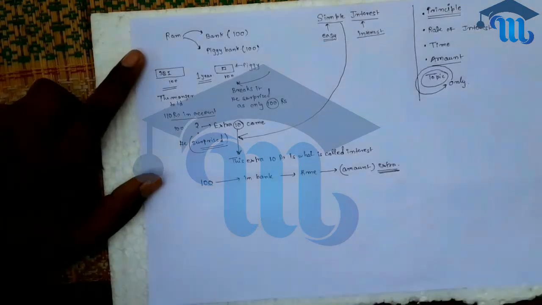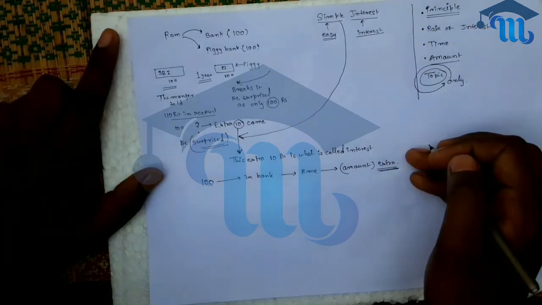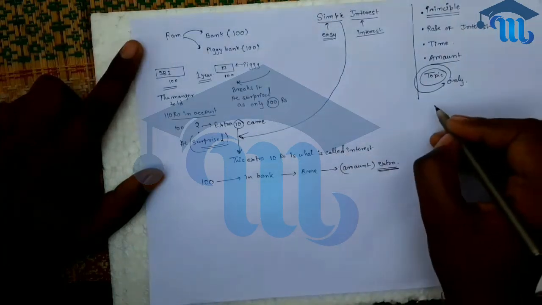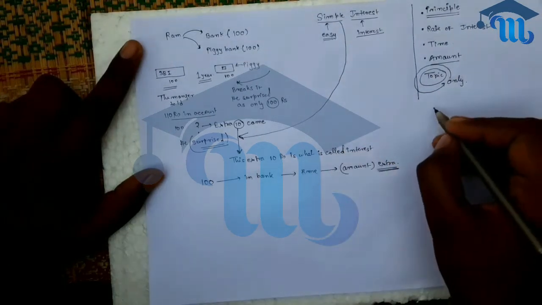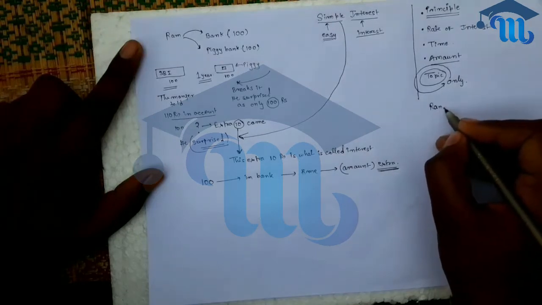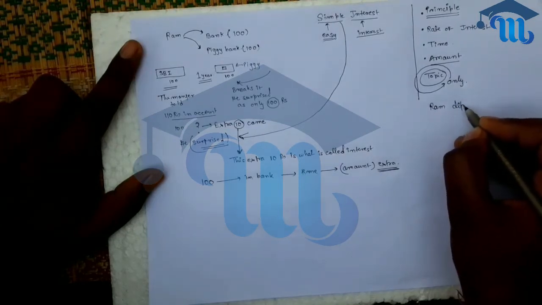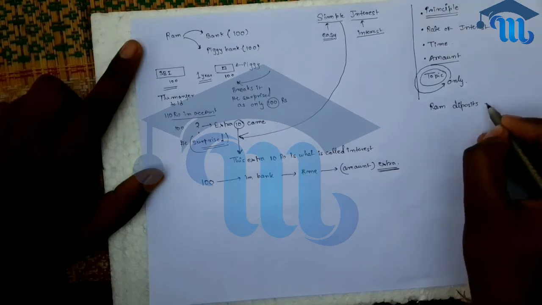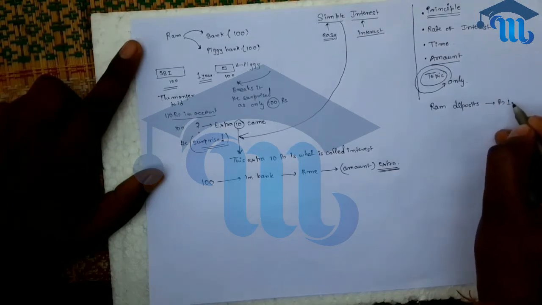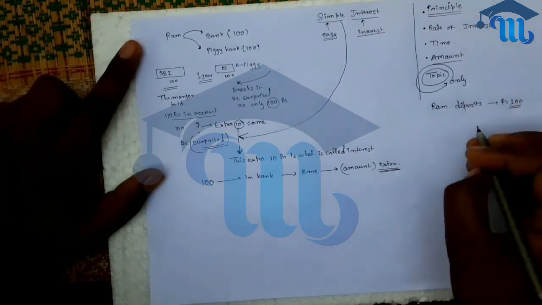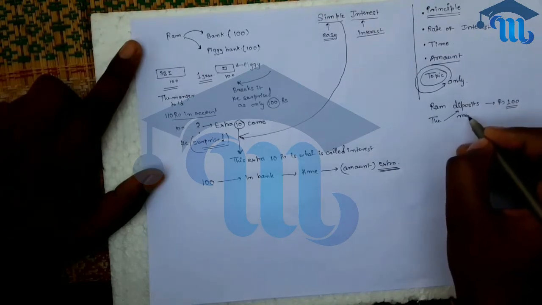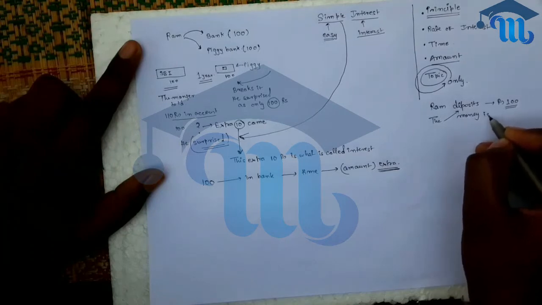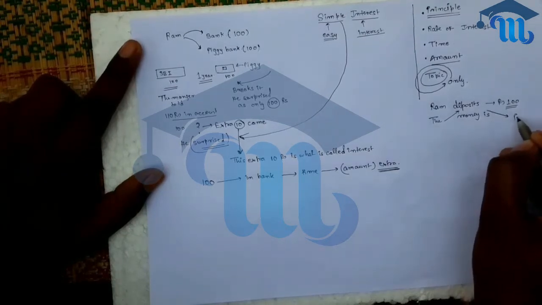So what are these? First of all, going back to the story, when Ram deposits rupees 100, the money which is deposited is called principal.